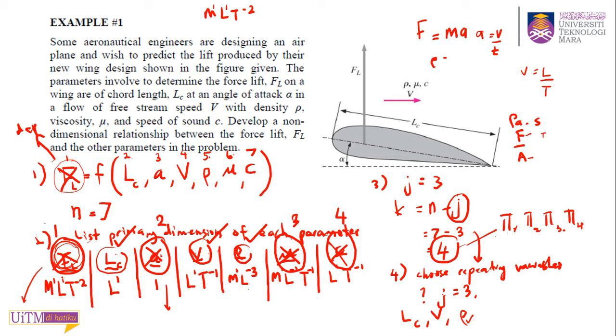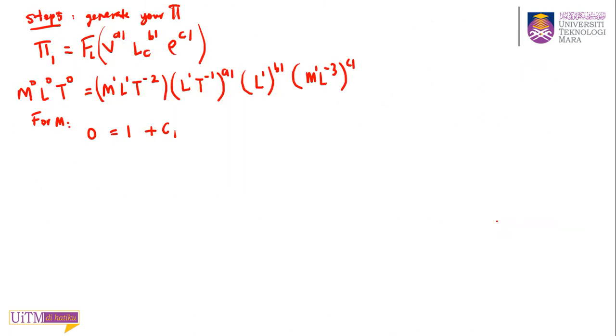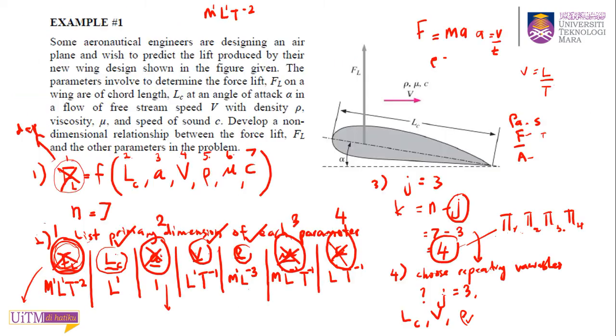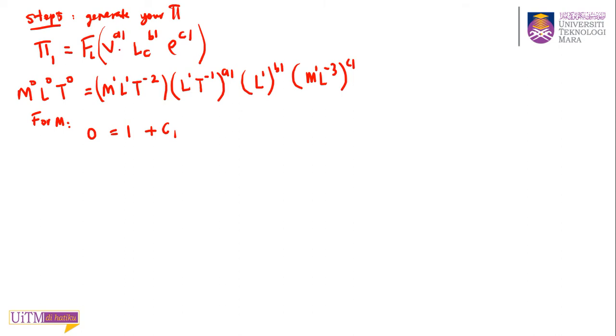So these 4 unused parameters will be used in your pi equation here. For the first one, pi 1, you will use the FL times the repeating variables V, L and rho, with the powers A1, B1 and C1.